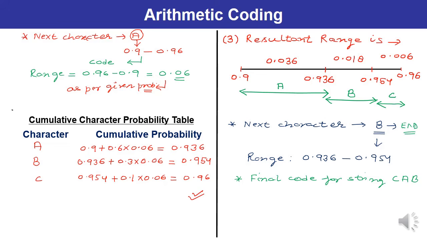This would be in between the range which is 0.936 to 0.954, and by this particular logic the string can be represented. So this is the logic behind it.